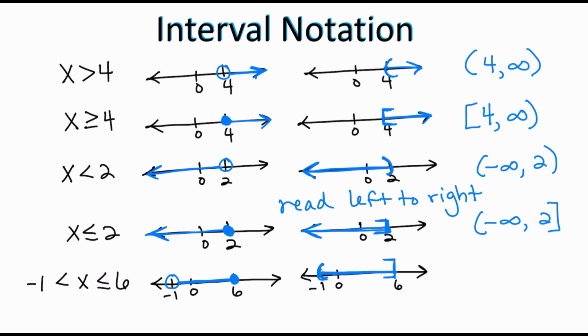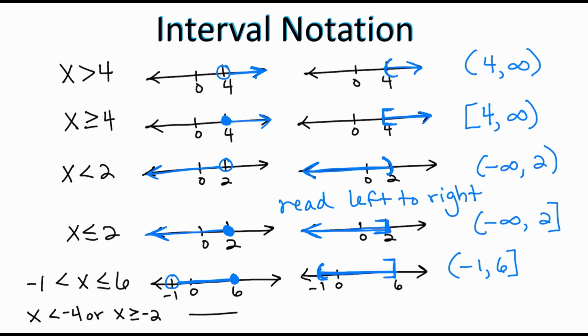From left to right, this means that I start at -1 and I end at +6. There's going to be a parentheses at -1 because it's not or equal to, but there will be a bracket at 6 because it is or equal to. The other notation you need to learn is what happens when I'm facing in the opposite direction. Let's say x is either less than -4 or x is greater than or equal to -2.